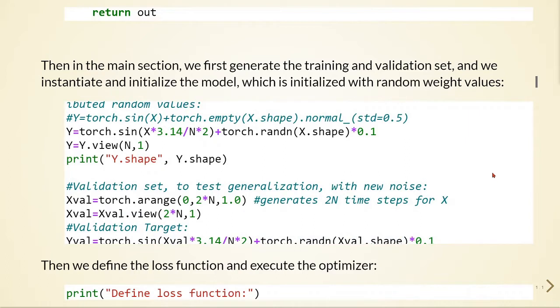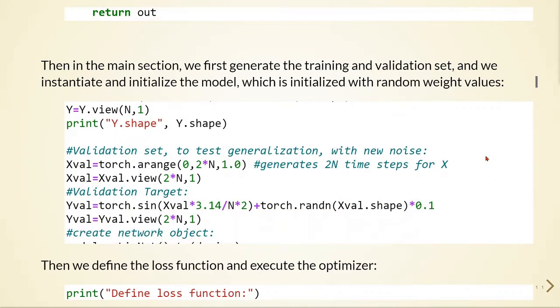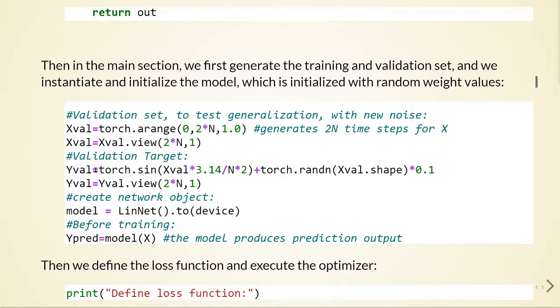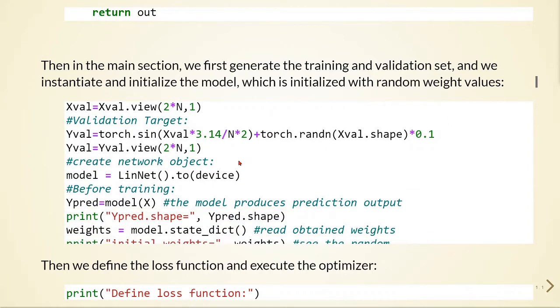For our validation set to test generalization with new noise, and also for extrapolation, we are generating 2 times capital N time steps for x, and this is what we are doing here for our validation set input, so x validation, and the validation target is y validation. Here we are creating our network object, and we are calling it model.